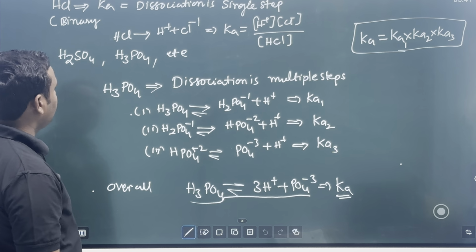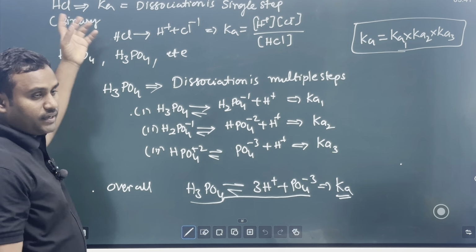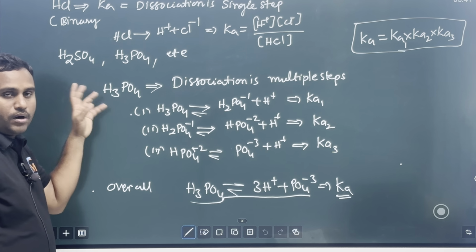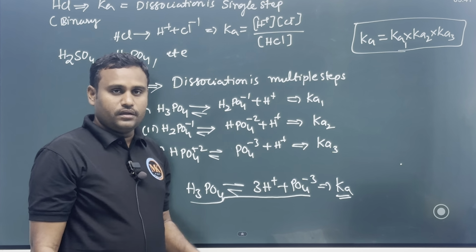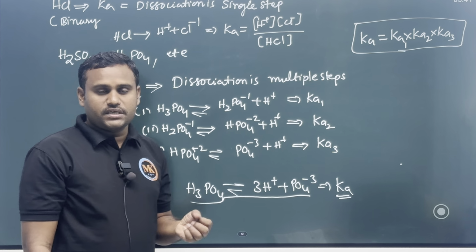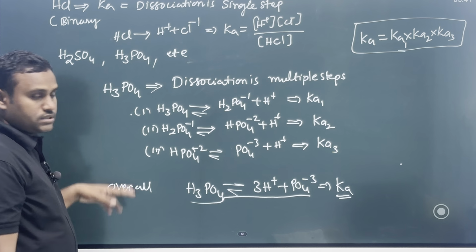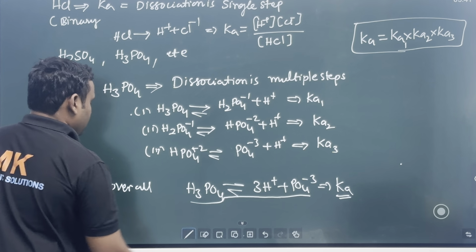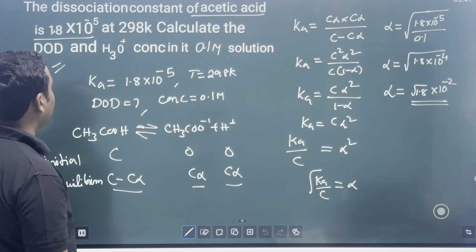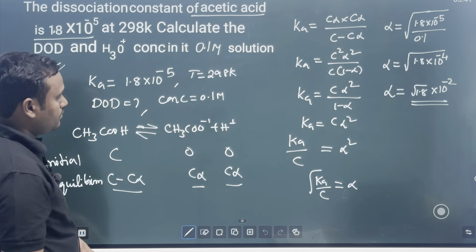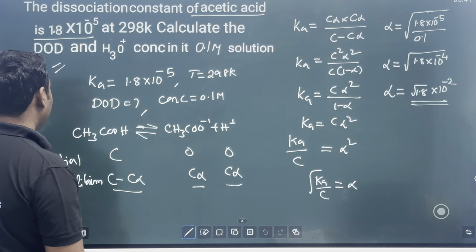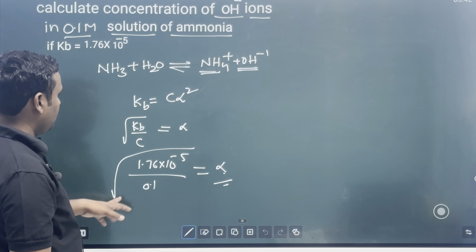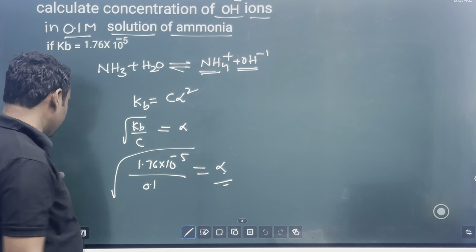Next, dissociation constant for binary means it is a single step. If we take polyprotic acids or polybasic acids, what is the dissociation constant, I taught you. And next I explained some few questions to calculate the degree of dissociation. And next, here also one question to calculate the degree of dissociation.